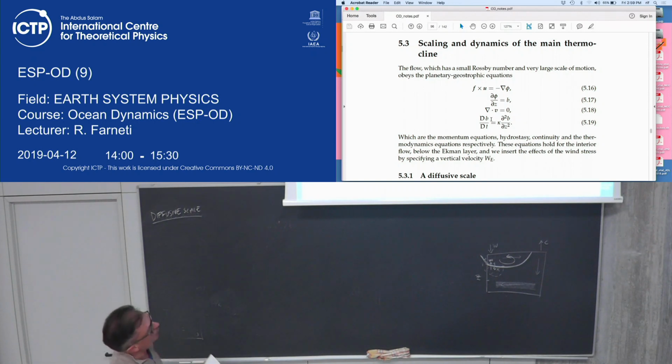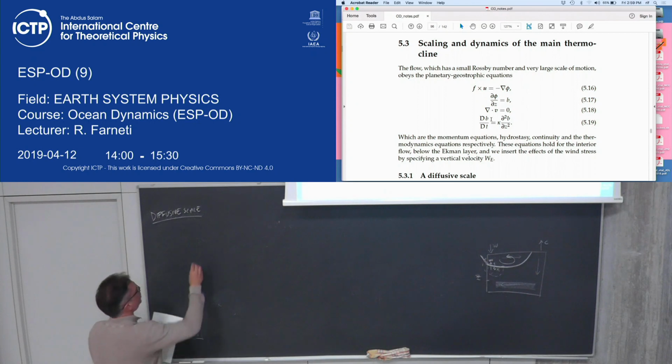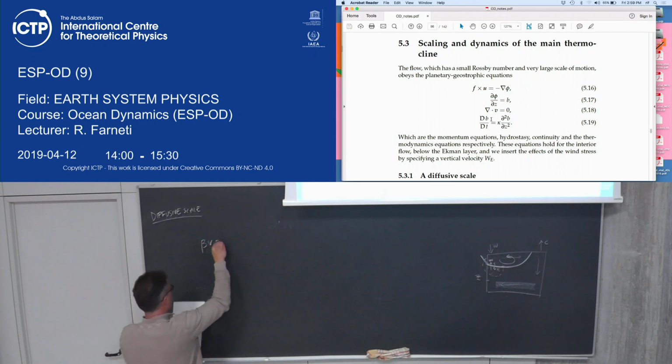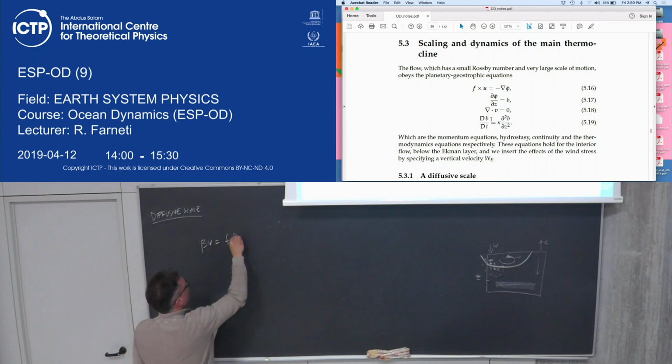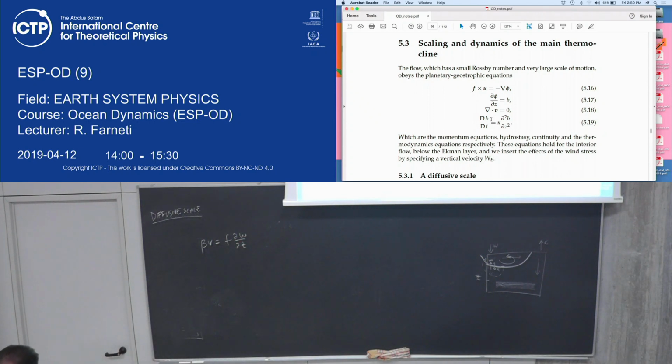You take the curl of the momentum equations, those ones that we did last time or two times ago, so I'm not going to do it again. You take the curl of the momentum equation, use mass continuity, and you obtain a linear vorticity balance, which we know is this.